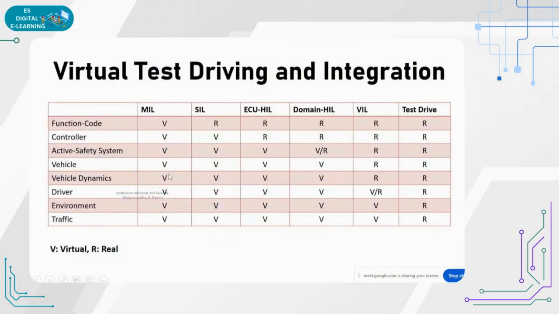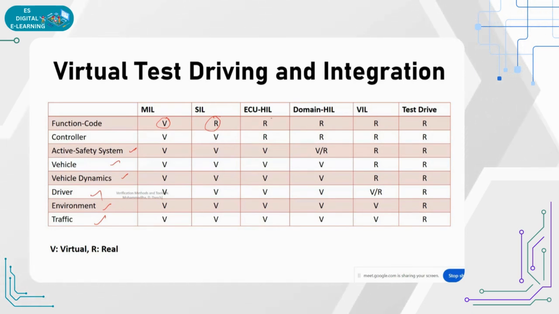Next, when we are doing the testing, like the functional code, the controller, the active safety system, the vehicle dynamics, the driver, the environment, or the traffic, V stands for virtual and R for real.